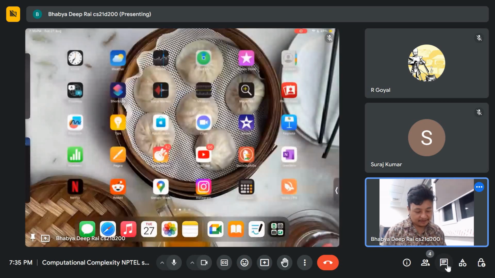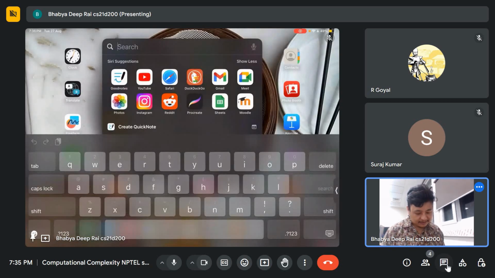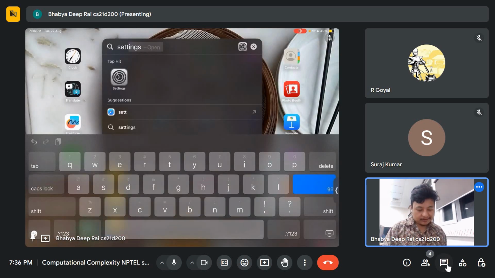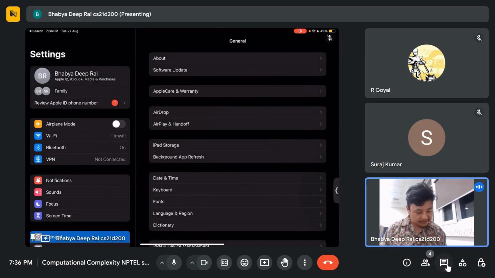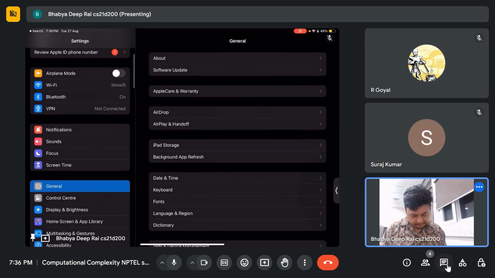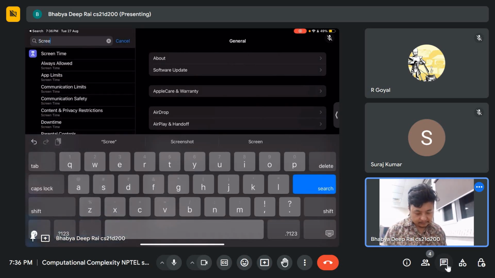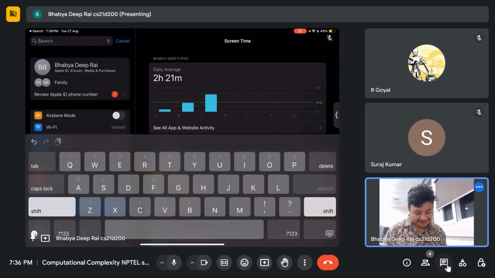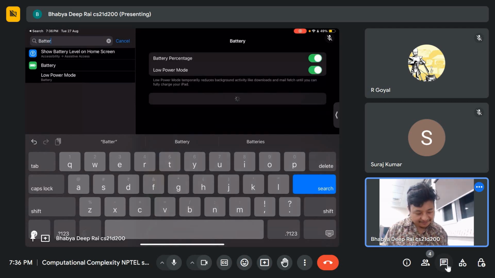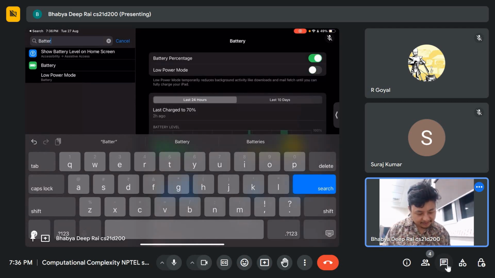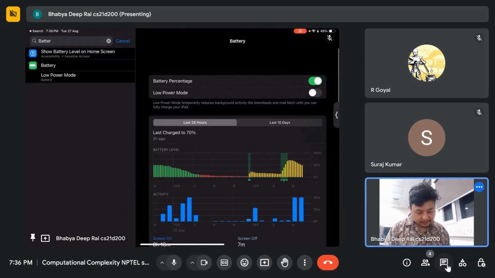I'll remove the screen timer, or this will turn off. Not screen time, I think it will be in battery. Screen off.